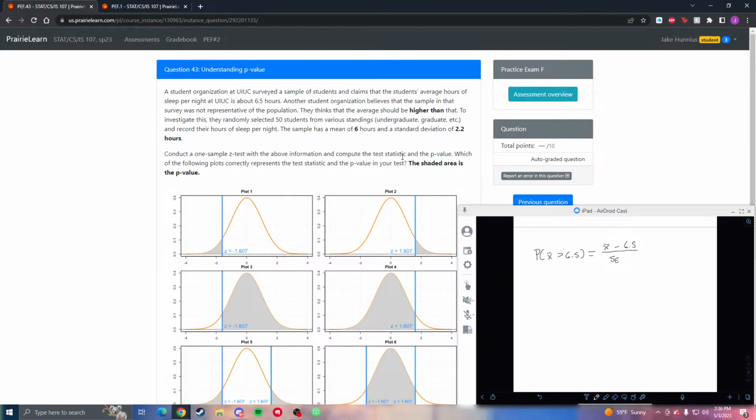So in this case, our x bar is equal to 6, so 6 minus 6.5, and our standard error is standard deviation over root n, which is 2.2 over root 50. That is 3.35355. So 6 minus 6.5 divided by that is going to give us a z-score, a very large one.